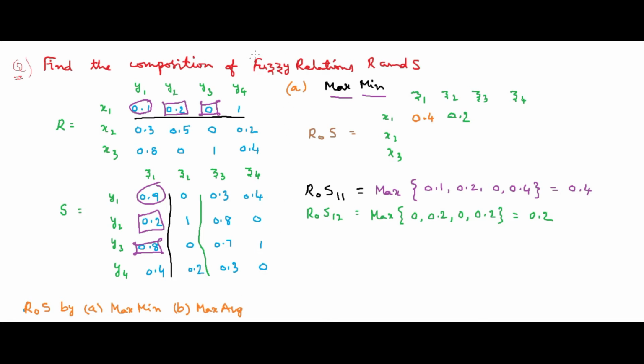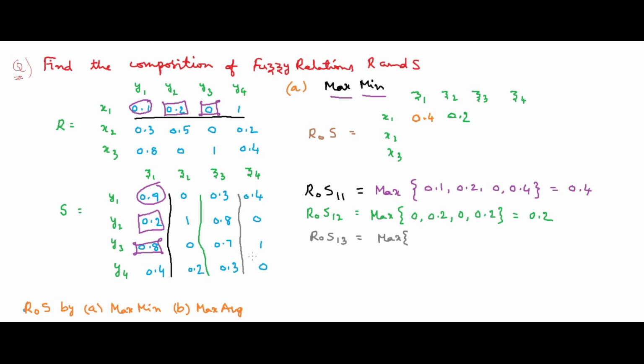Similarly, I like to find one more thing. This is (1,3), which is equal to the maximum of... so here it is (1,3), so I need to find x1 and z3, so I need to identify this column.